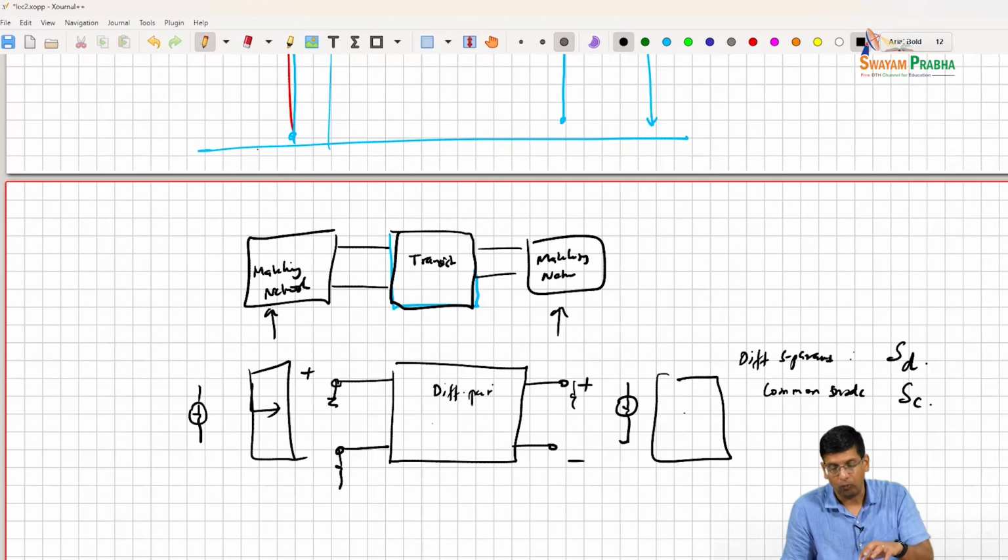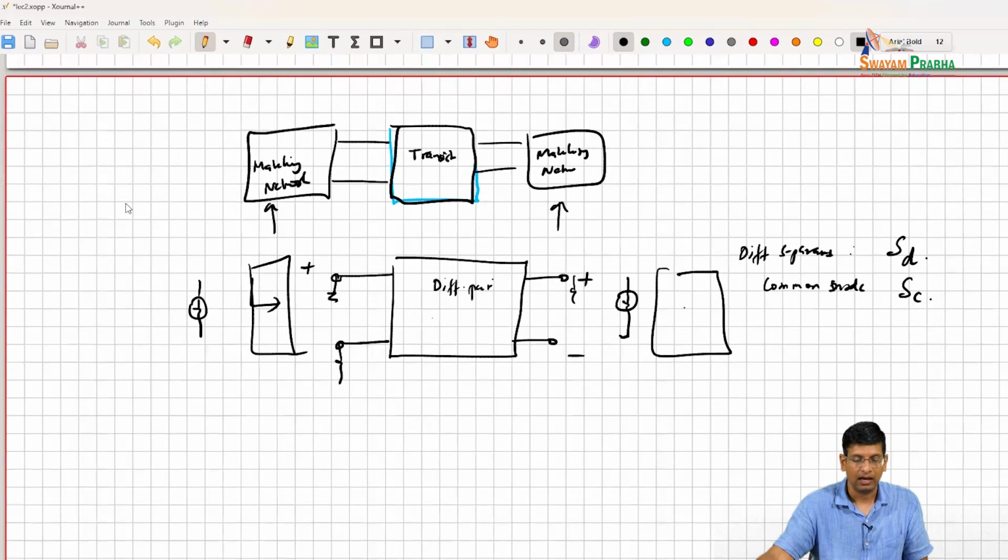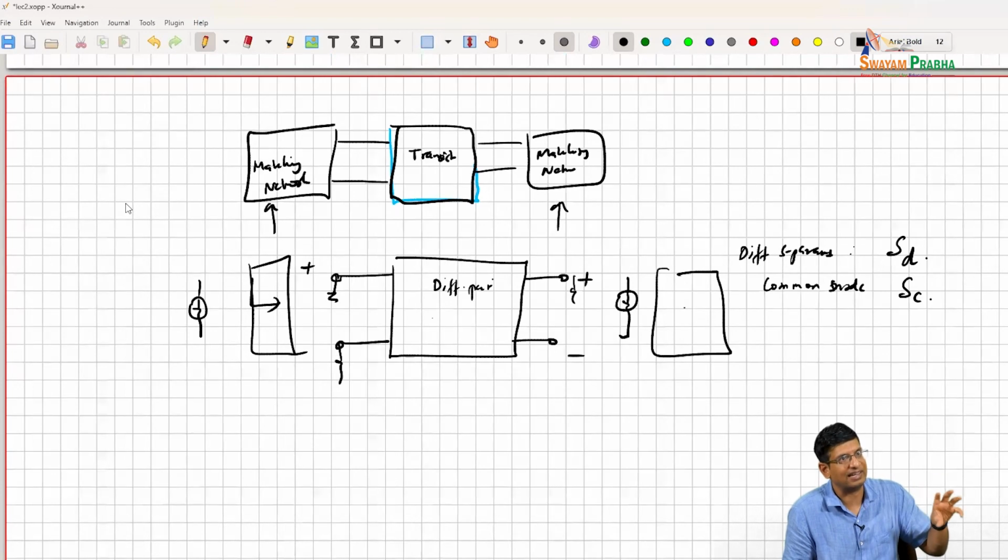Once you have those common mode S parameters, it isn't the coupling that is improving stability. What is improving stability is that you are implicitly introducing some loss.